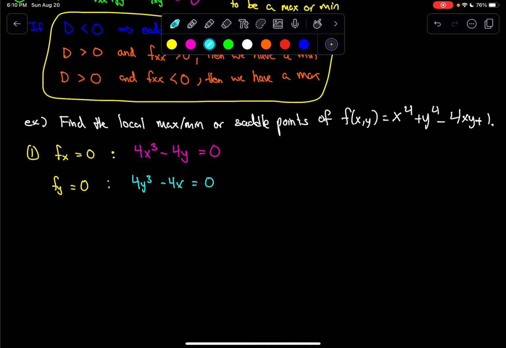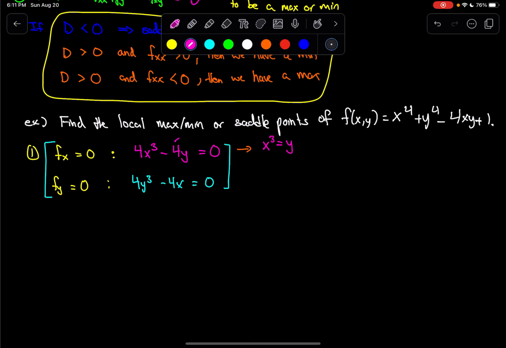And I need both of these to be true at the same time. Otherwise, we have no critical points. So let's go ahead and solve them. I'm going to take this first one and rearrange it to be x cubed is equal to y.